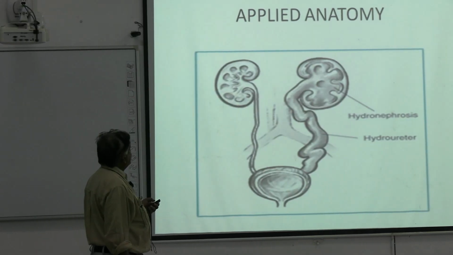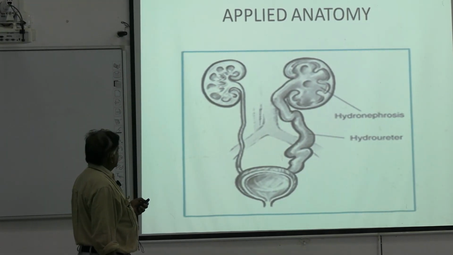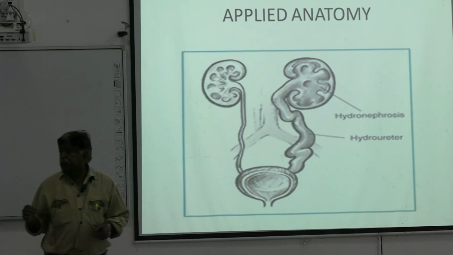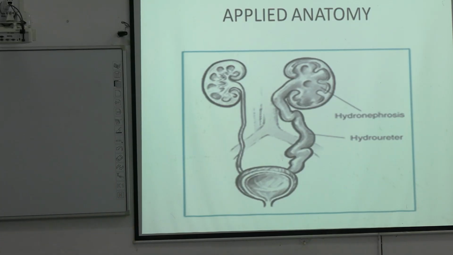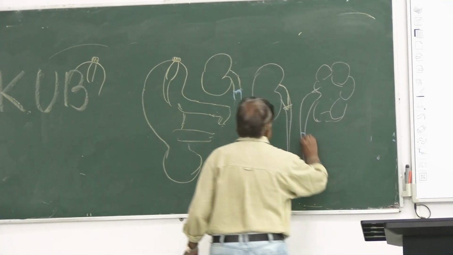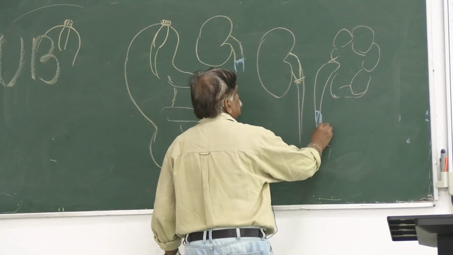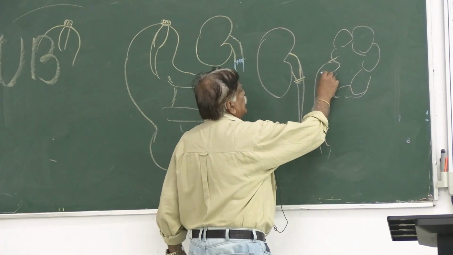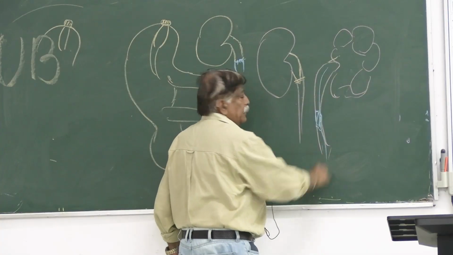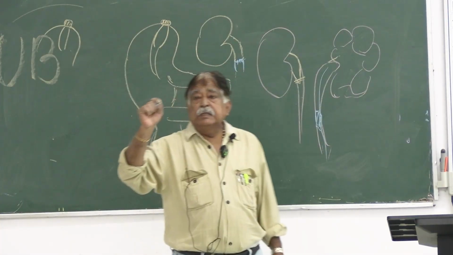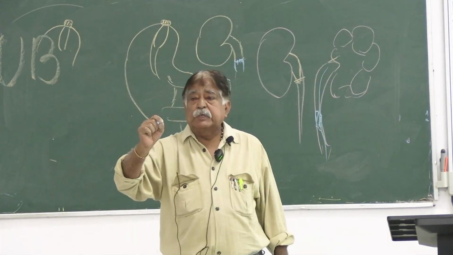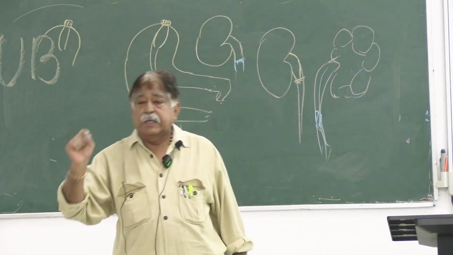Next, hydronephrosis of the kidney, hydroureter. Now, if a stone is lodged here, the urine is not passing. In the USG, you will get a report of non-obstructive calculi.